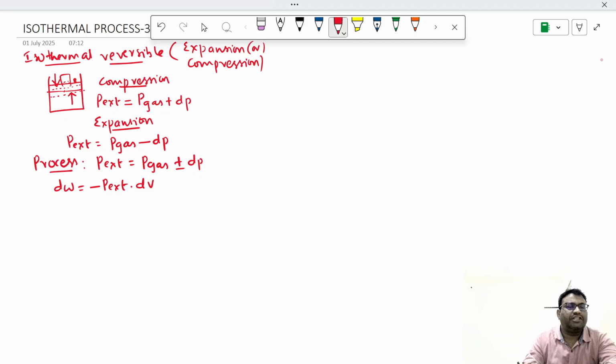We already studied that for mechanical work the formula is W is equal to P external into delta V. Here a very small amount of work is done by the change of a very small volume, dV. An infinitesimal change of volume means an infinitesimal amount of work done.